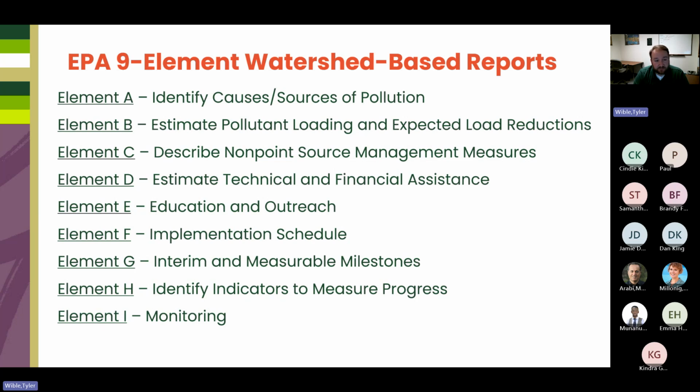They actually alphabetize them, A, B, C, D, E, F, G, H, I, rather than number them, which basically walk through what are the pollution sources in your area, what are their expected loadings and necessary reductions to meet water quality standards, what are the non-point source management measures that are being implemented to achieve that, what are some technical and financial assistance frameworks that are necessary to achieve that, designing an education and outreach schedule so that you can actually work with the community to achieve those targets, an implementation schedule, interim milestones for how we're going to achieve this by that time period, indicators on which to measure your progress, and then, of course, the monitoring, right?